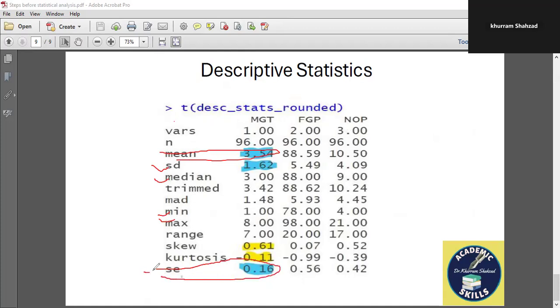The standard error and standard deviation in descriptive statistics also tell you whether your data is reliable, with low standard deviation and low standard error. If standard deviation and standard error are high, it means there is high variability in your data. So these are the important steps before going to statistical analysis.